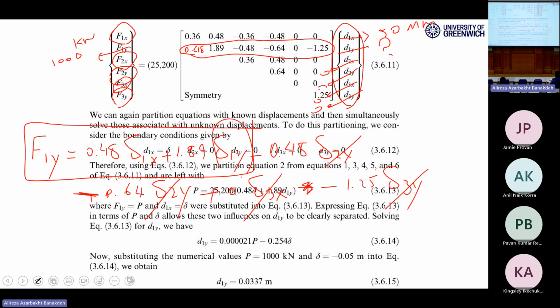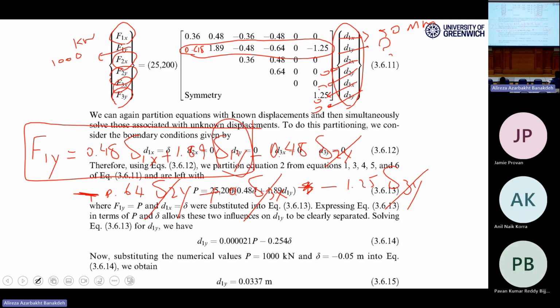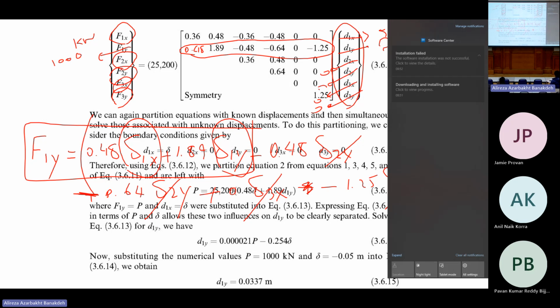The second term, delta 1y, is unknown, and the first term is 50 millimeter, that settlement. Just multiply 50 millimeter by this 0.48. However, everything has 25,200. All right.